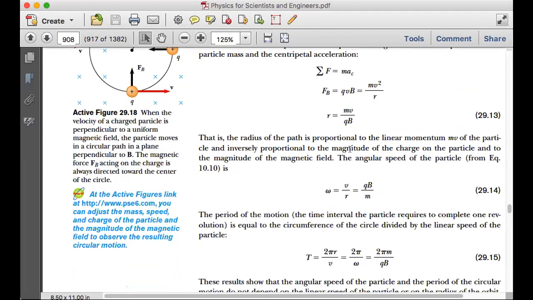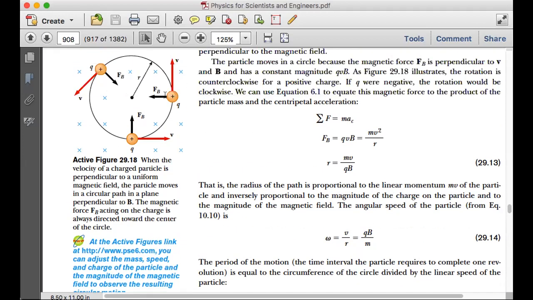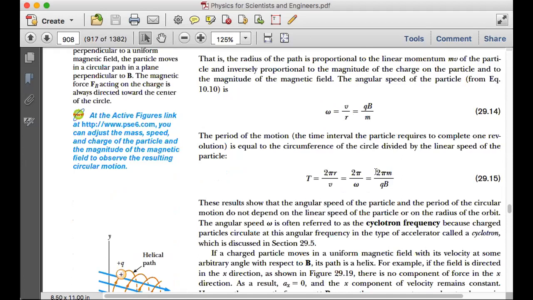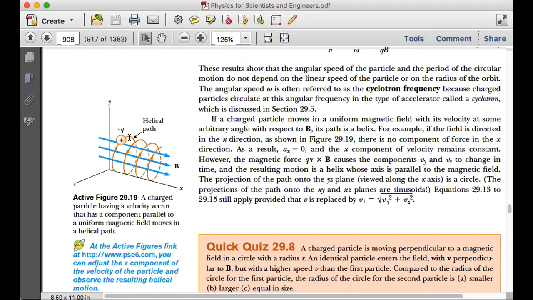So this is the angular speed, yeah. And then if you calculate the period of this circular motion, we have 2 pi m over qB. Okay, so this is what I said yesterday.